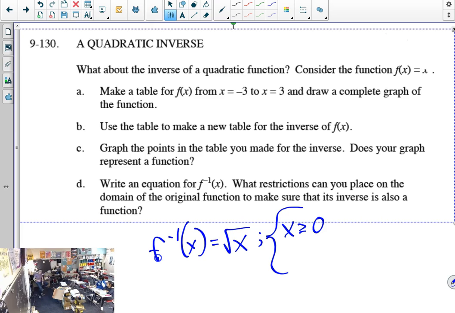But still, our range, and this doesn't really ask about the range, but we know the range also ends up all positive values. It's only above the line, if we're making it a function.